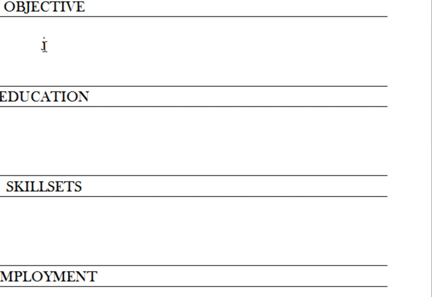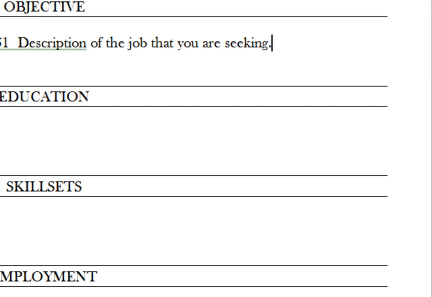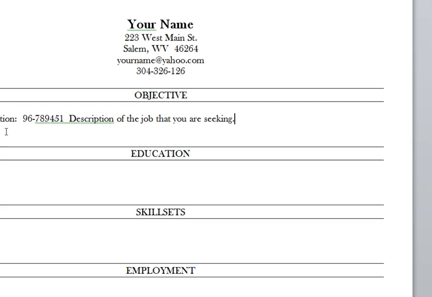So we might put in here the job position, and there might be a code generated for that, and likewise there might be a description. Okay, so anyway, that'll be that, and I'm going to left justify this.